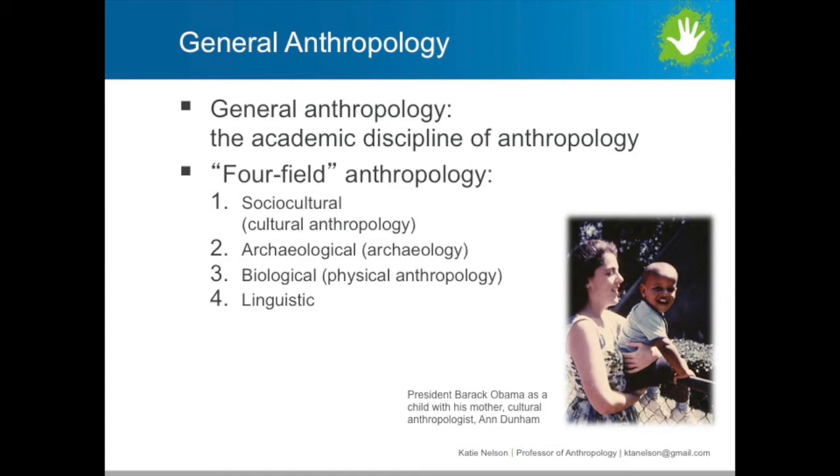Again, they are cultural anthropology, sometimes also referred to as sociocultural anthropology, archaeological anthropology, also sometimes known as just archaeology, biological anthropology, which is also sometimes referred to as physical anthropology, and finally linguistic anthropology.